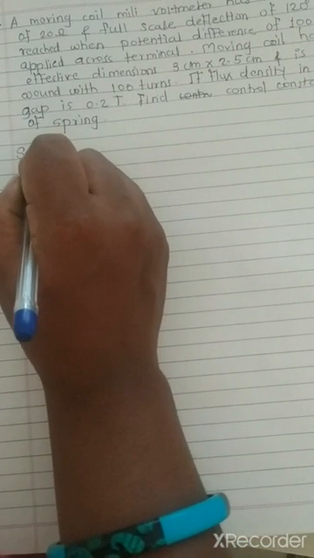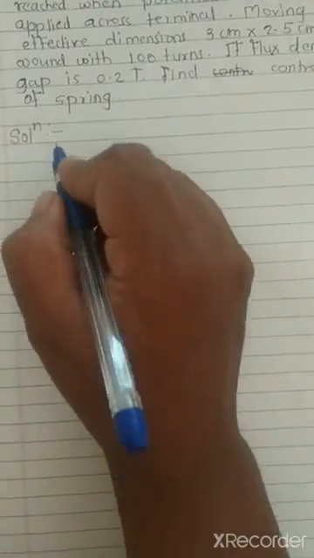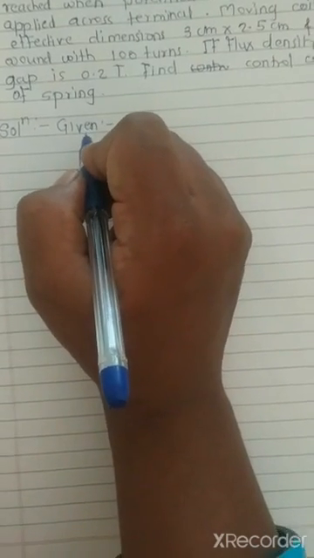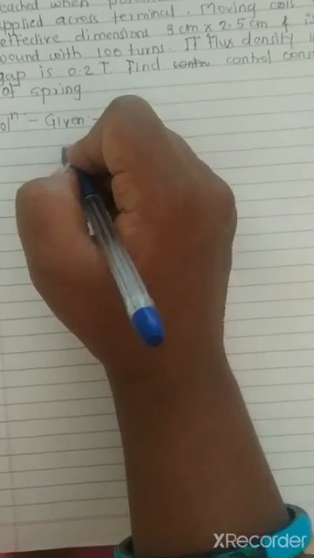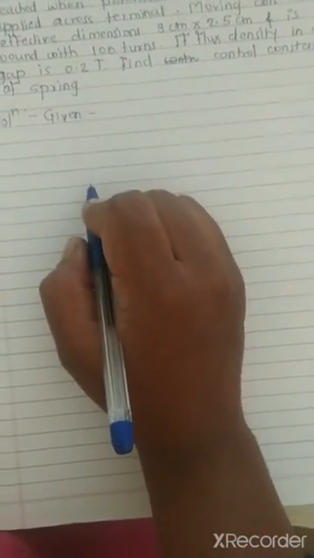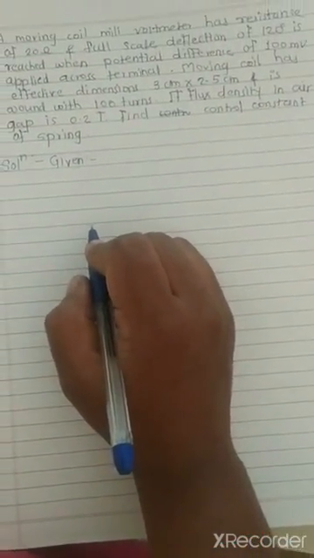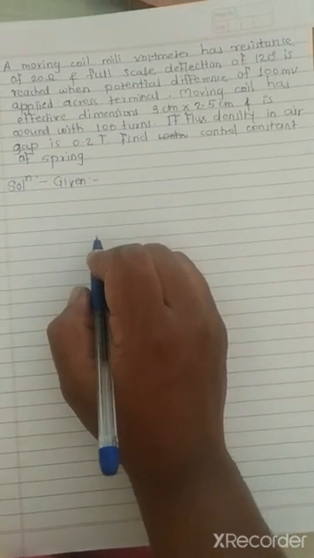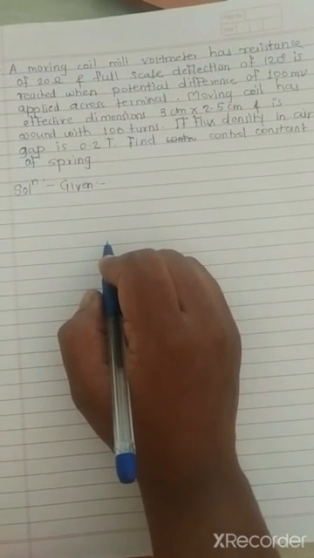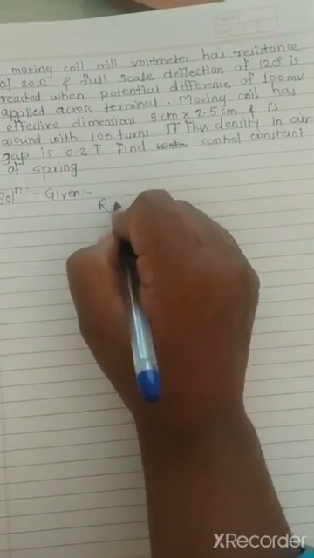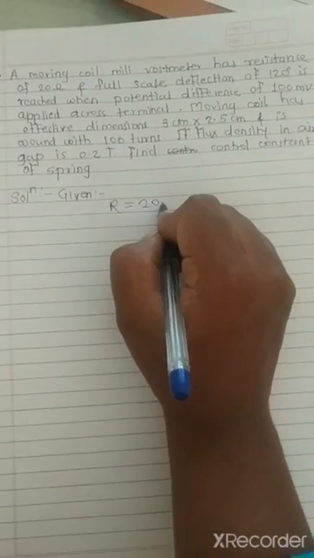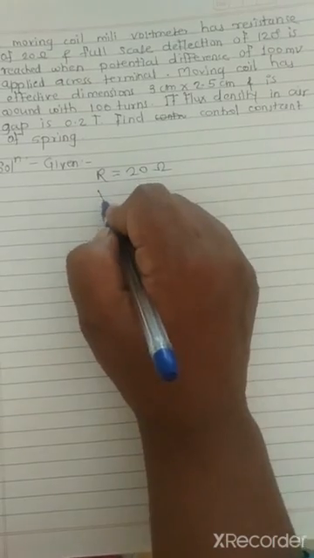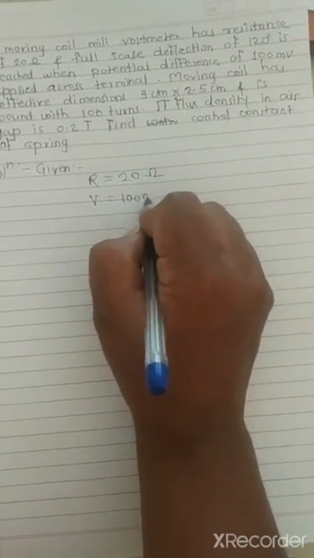For the solution, first of all write down the given data. What is given here? Read the problem. Resistance is 20 ohm, R is equal to 20 ohm. Then the potential difference, that is the voltage, is given and it is equal to 100 millivolt.